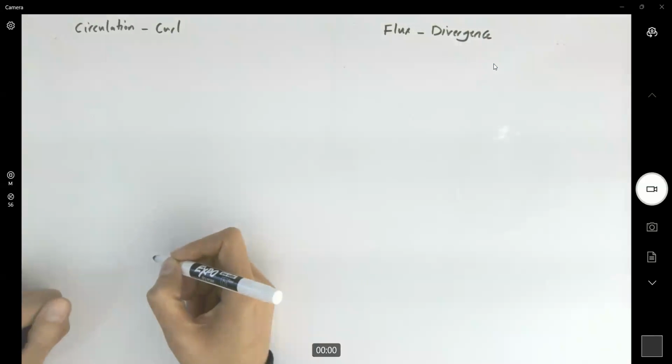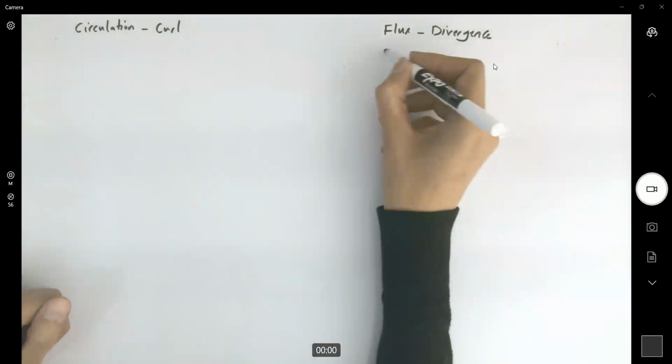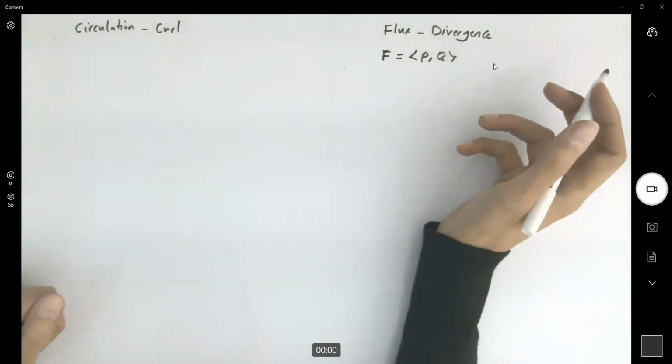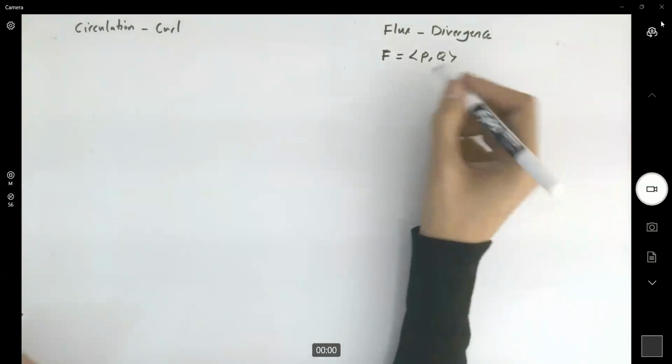So for the flux divergence, if you have a vector field F written as P, Q, or M and N, if you open different calculus books, you might see different components.